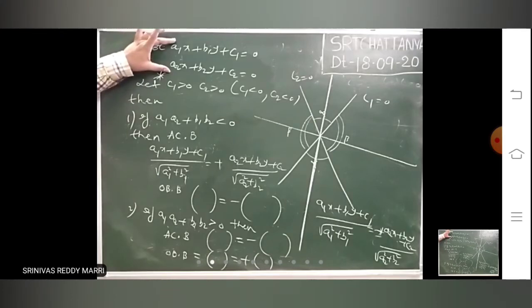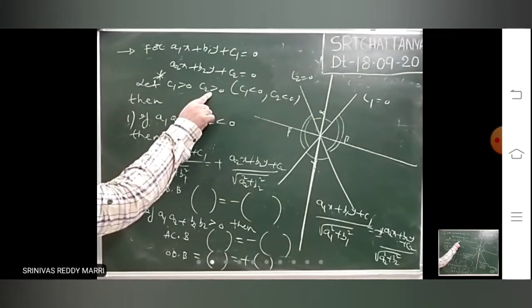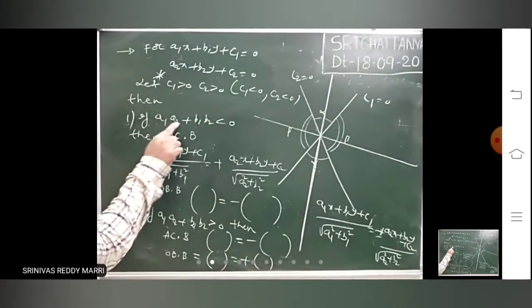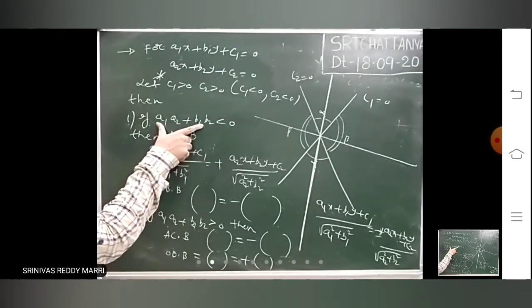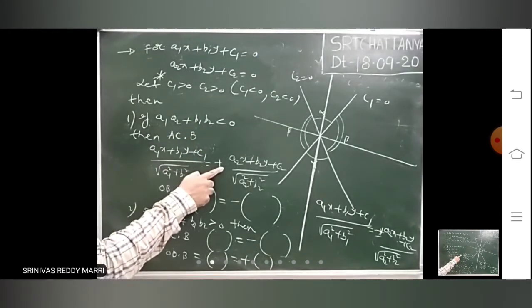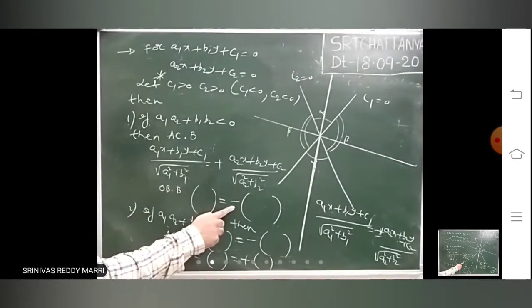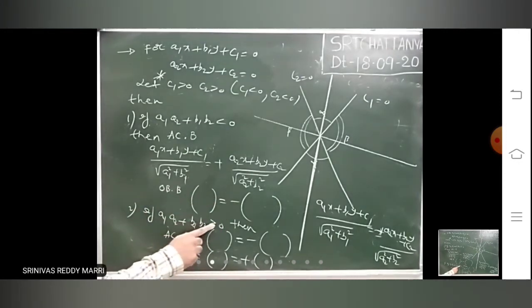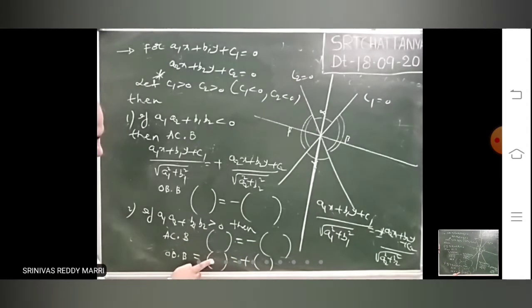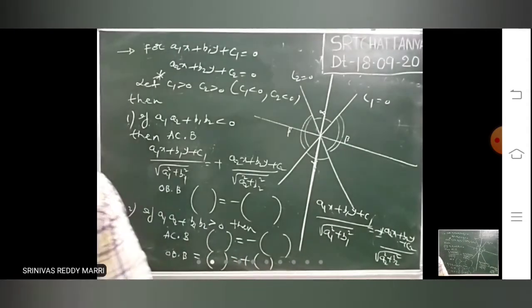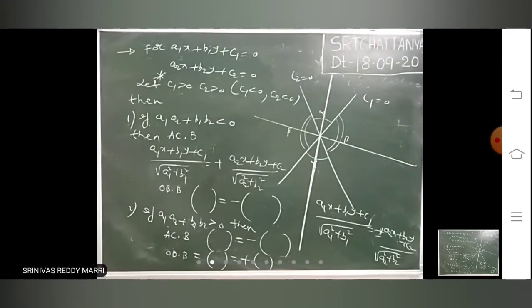If two lines are given, immediately make the constants both positive. Find this condition. If this is less than 0, plus 1 is acute angle bisector, minus 1 is obtuse angle bisector. If this one is greater than 0, then minus 1 is acute angle bisector, plus 1 is obtuse angle bisector.